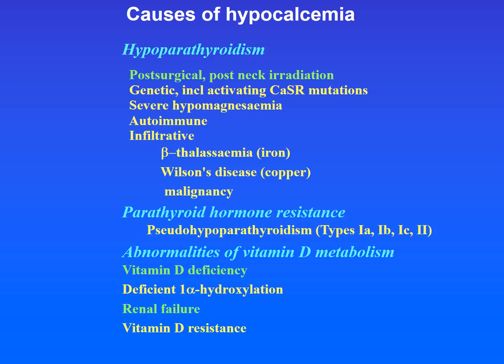The other important cause of hypocalcemia is abnormalities of vitamin D metabolism, and here the two most important ones are vitamin D deficiency. You remember that we talked about the physiology of vitamin D, the importance of sunlight.